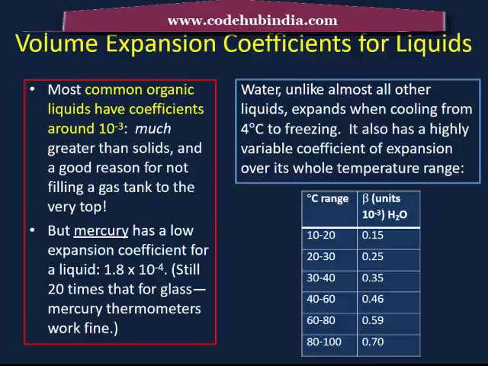If you consider the increase in temperature and it has a low expansion coefficient, that means it can measure small changes in temperature. And the expansion coefficient of the glass of the thermometer is also to be considered, that effect is continually 20 times.